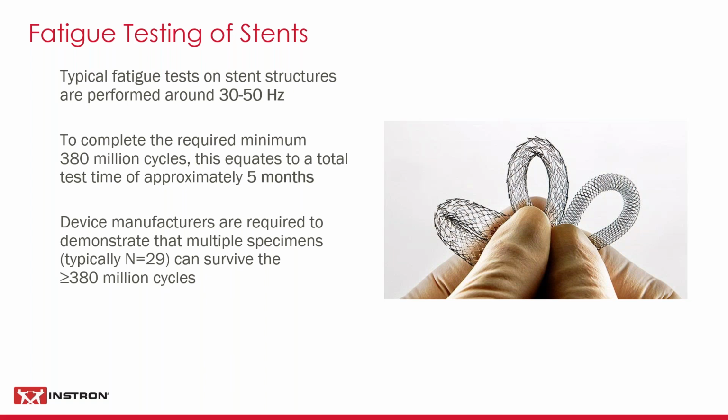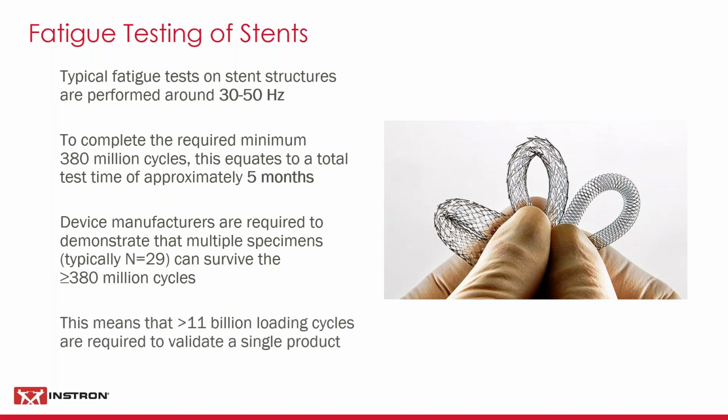Obviously, from the Instron perspective, I'm sure we'd love to sell you 29 identical machines, but that's not financially sensible. So across the batch of specimens, you've got to run 11 billion loading cycles, well, more than that, just to validate one design at one size.